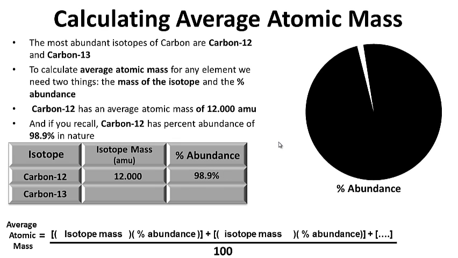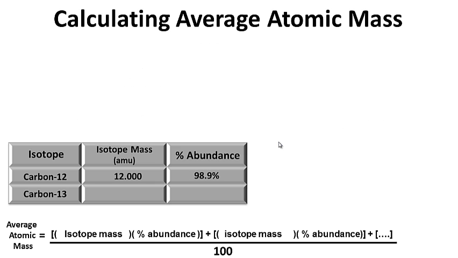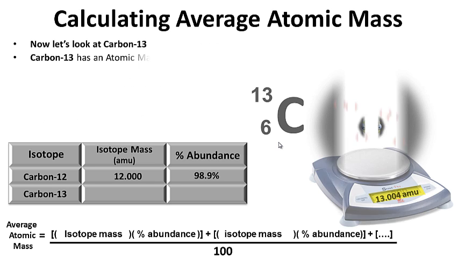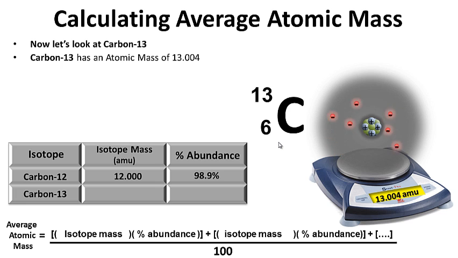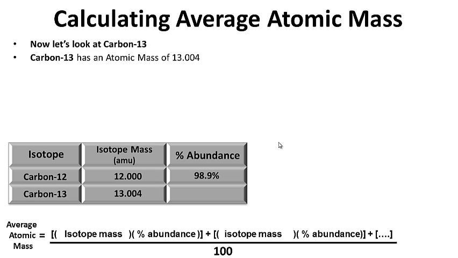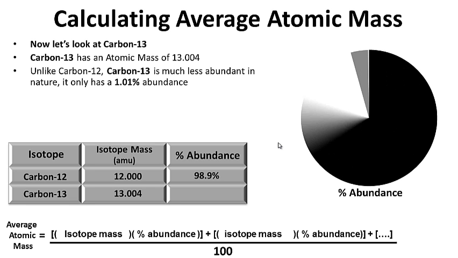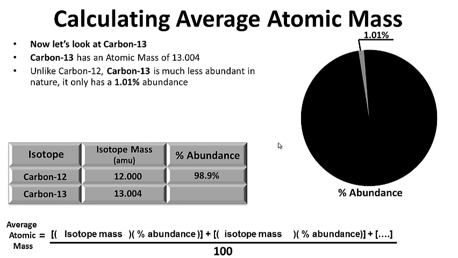Now let's look at carbon-13. Carbon-13 has an atomic mass of 13.004. That's its isotopic mass. Unlike carbon-12, carbon-13 is much less abundant in nature, and it only has a 1.01% abundance.